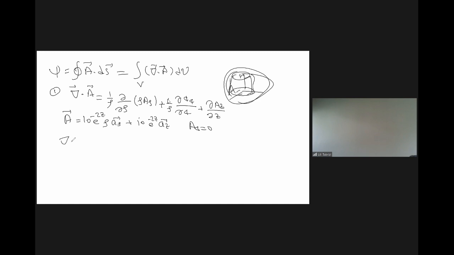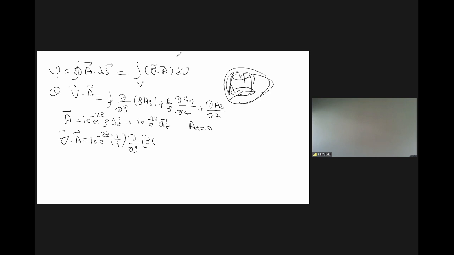So let's apply the divergence. Divergence A is equal to, you're taking the derivative over rho, so these are like constants, 10 e to the minus 2z, multiplied by 1 over rho d rho. What do you put inside? Rho multiplied by A rho. A rho is 10 e to the minus 2z, which I pulled out. This is correct, don't change it.